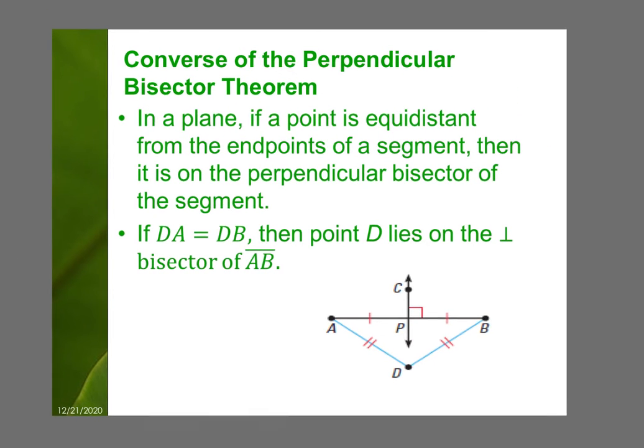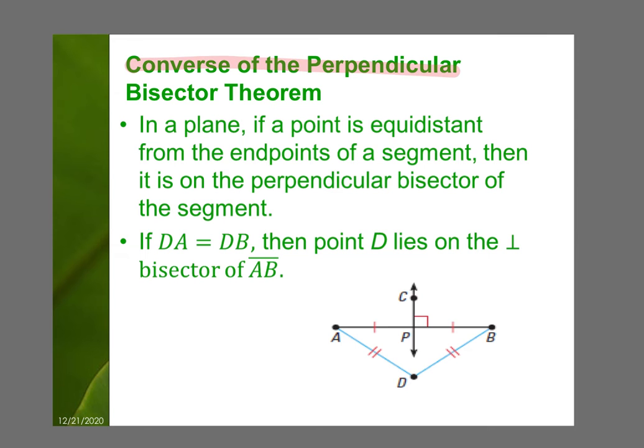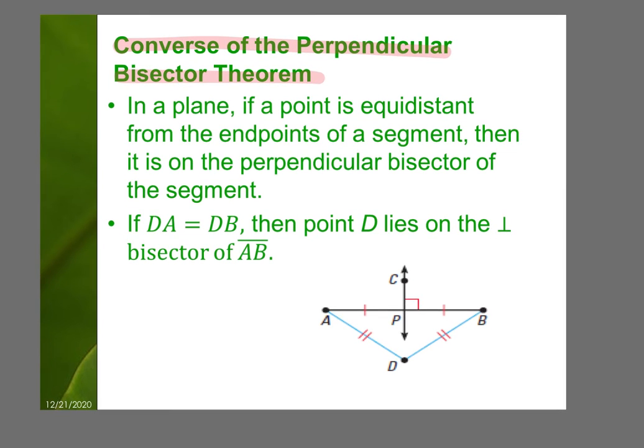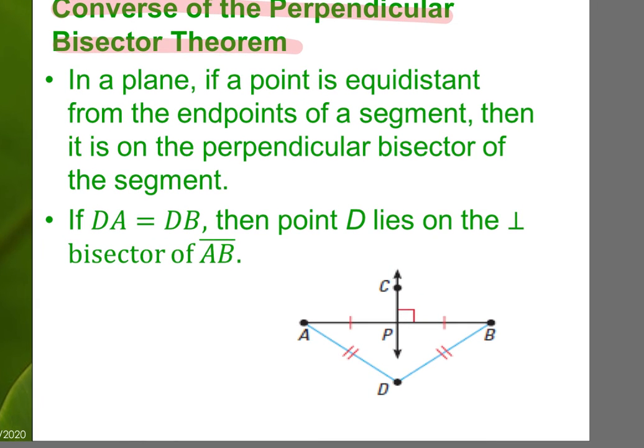The converse of that, remember converse says flip the order, says in a plane, if a point is equidistant from the endpoints, then it lies on the perpendicular bisector of that segment. So if I have a point, again, above, below, doesn't matter, but in this case, like D, and it is equidistant from the endpoints of a segment, like A and B here, and I know it's equidistant because they're both marked as congruent, then I can say that D lies on the perpendicular bisector of that segment.